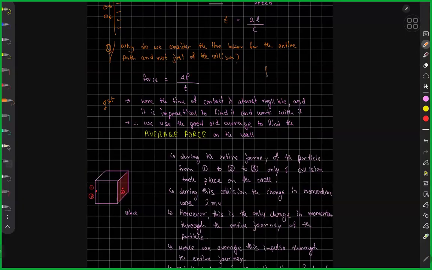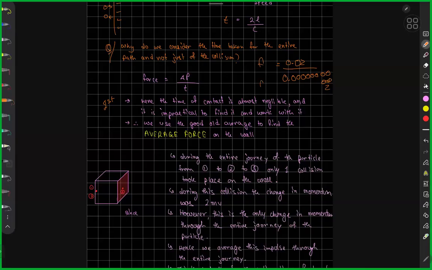When force equals change in momentum by time, and your change in momentum is some significant real value, and your time is, let's say, I'll give you a perspective, change in momentum is 0.02 and your time of collision is 0.0000000000002, you get the idea.